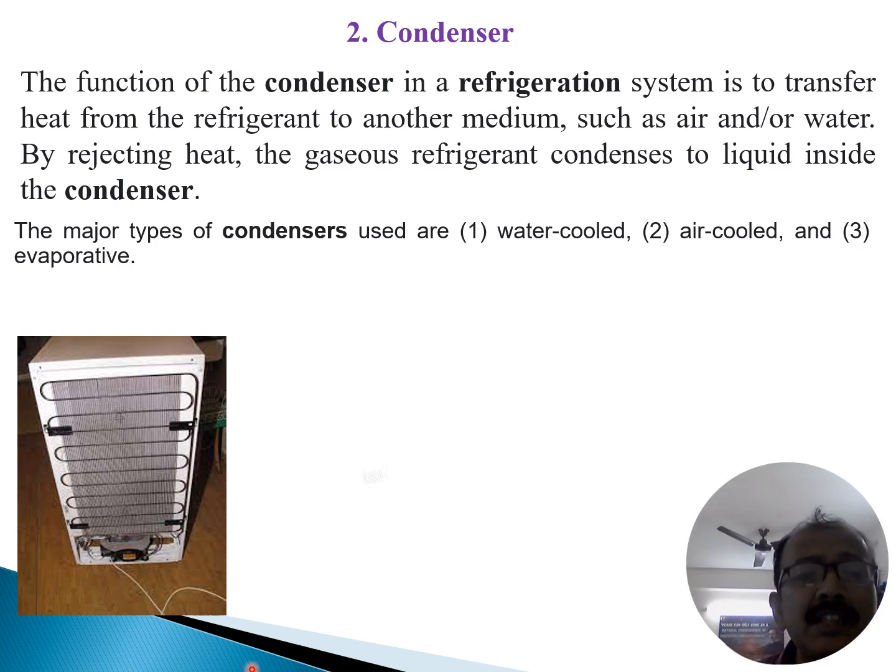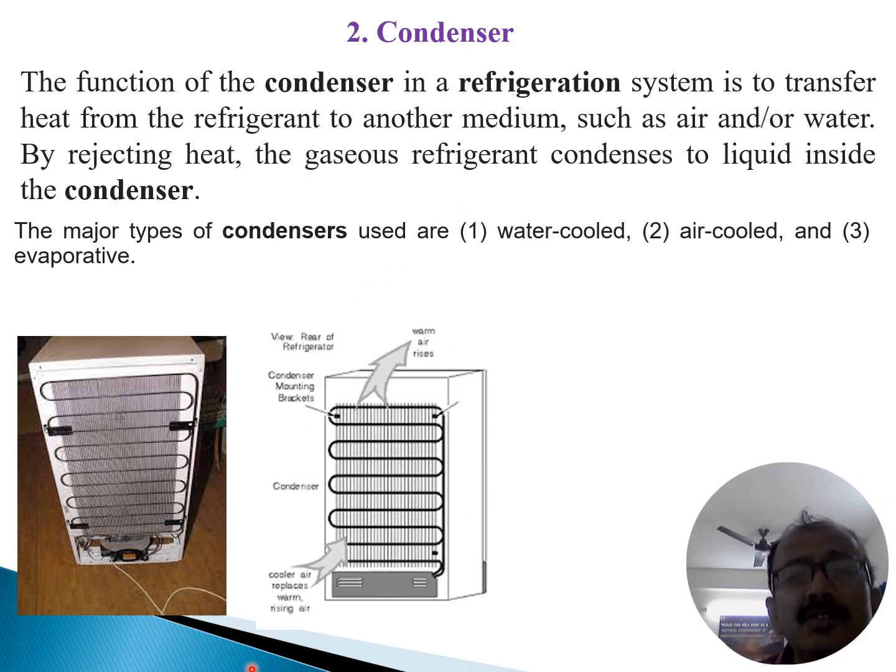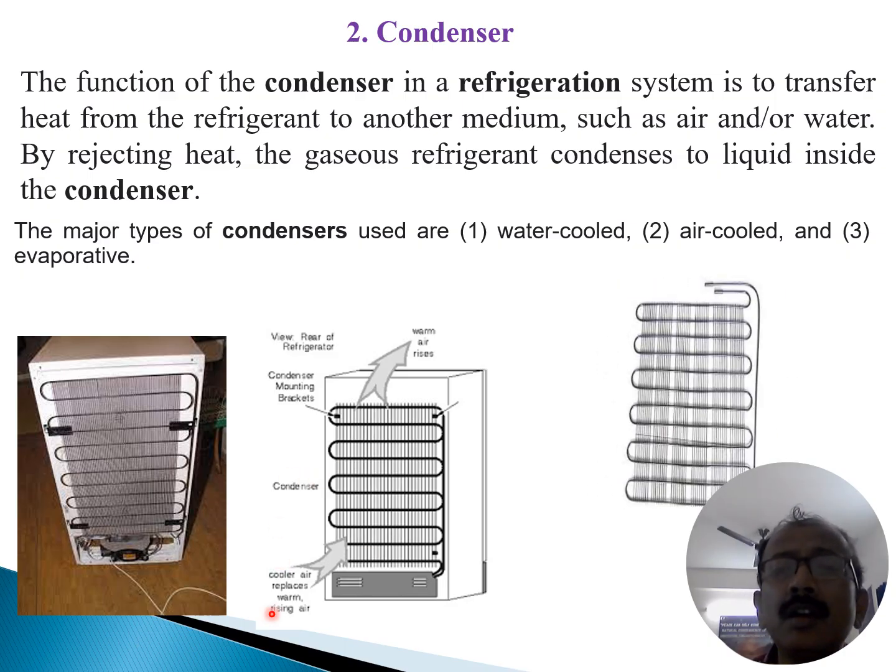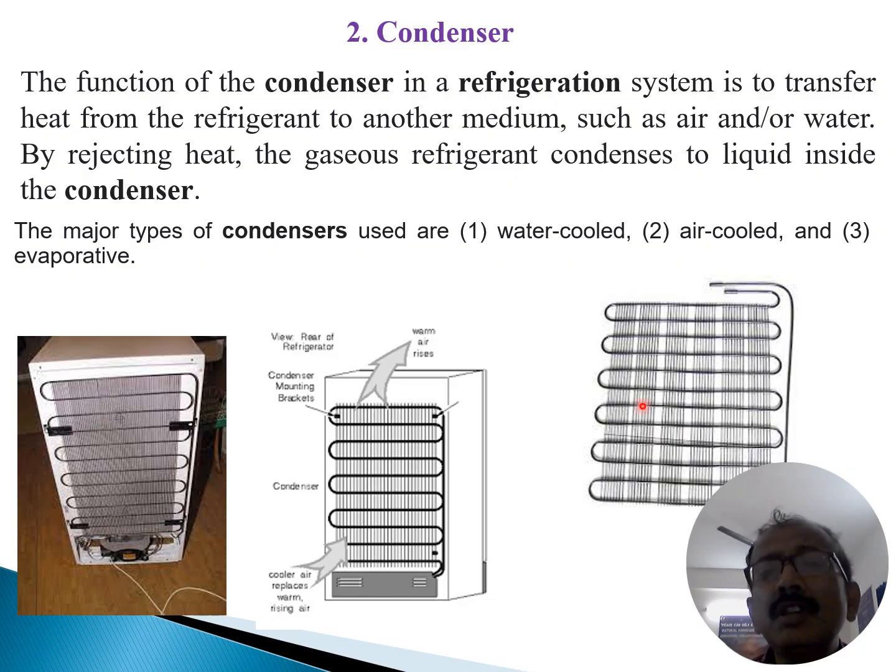In the diagram, the heat is going out with the arrow, with the help of atmospheric air, to the atmosphere. The condenser looks like this. The major types of condenser are water cooled, air cooled, and evaporative type.